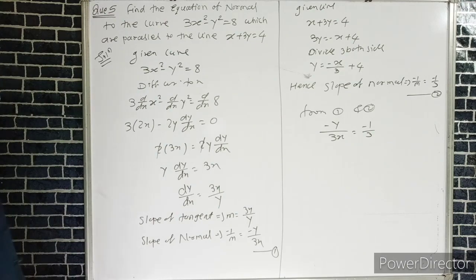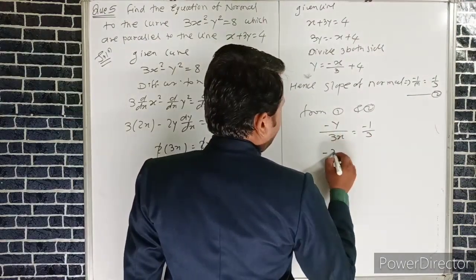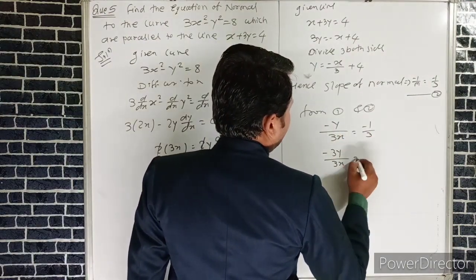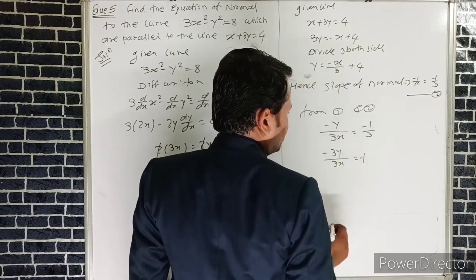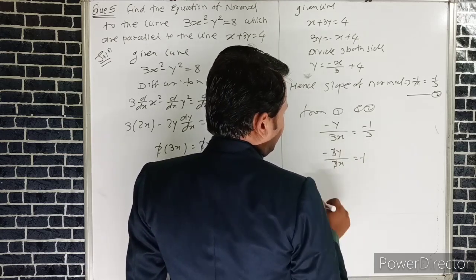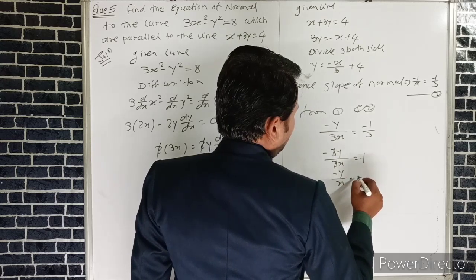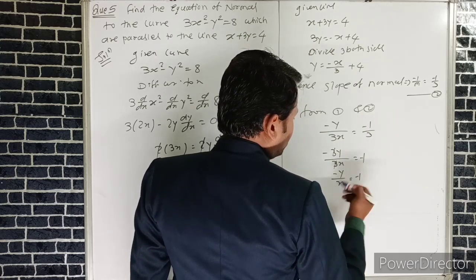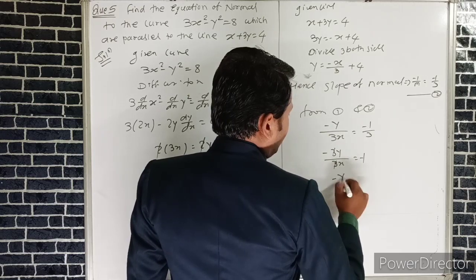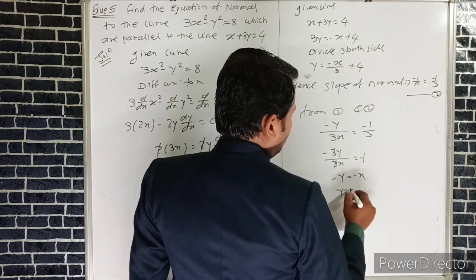If we shift this 3 to the left side, we can write minus 3y upon 3x is equal to minus 1. Here 3 gets cancelled. Minus y upon x is equal to minus 1, or minus y is equal to minus x, hence y is equal to x.